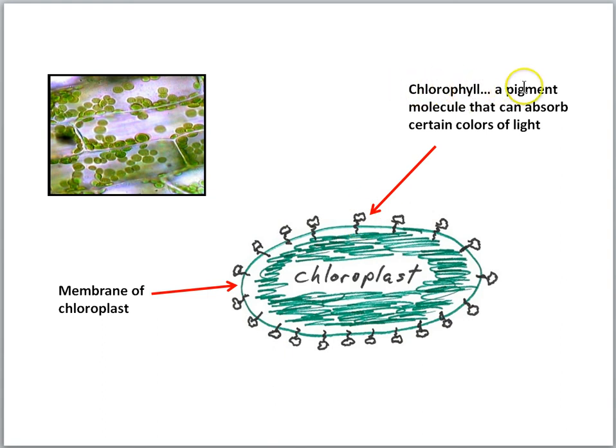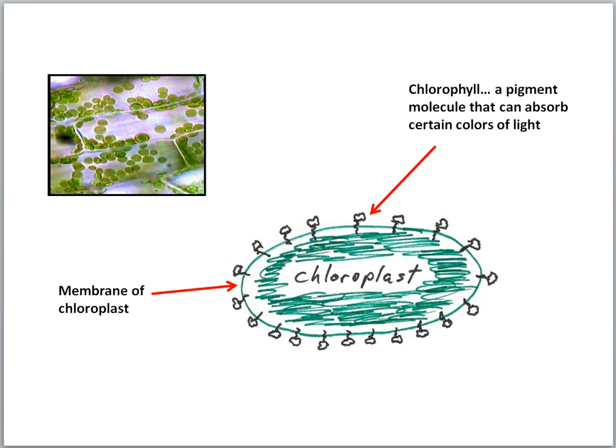Chlorophyll molecules are pigments. A pigment would be a molecule that interacts with light in a certain way. So chlorophyll, being a pigment, can absorb certain colors of light and it reflects other colors of light.